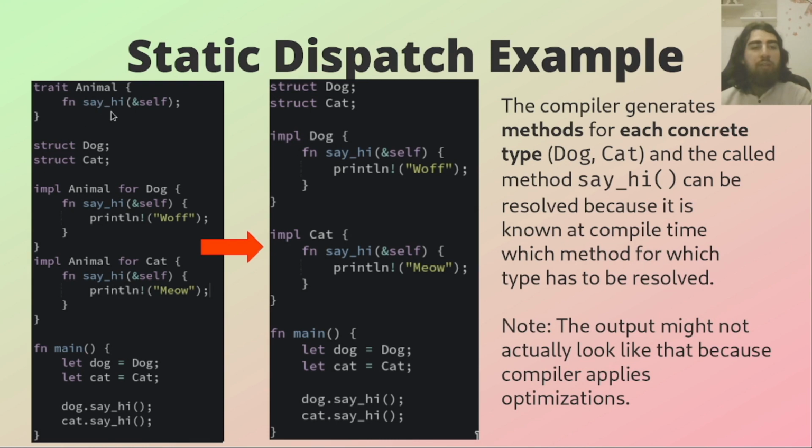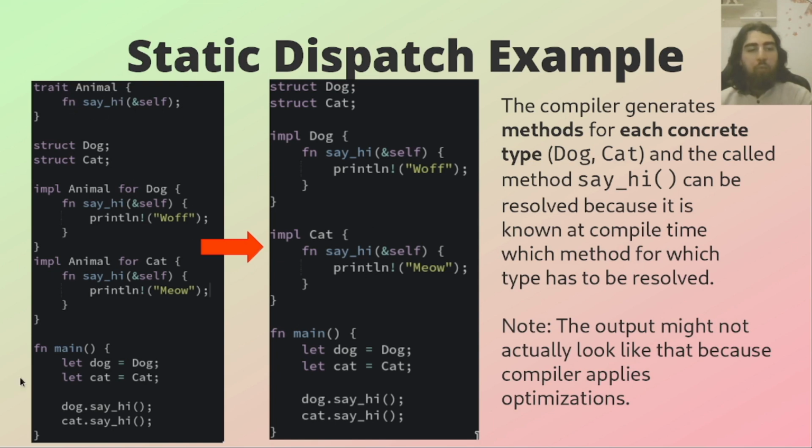So we have here the trait animal holding one method, say hi. Then we have dog and cat, and we implement the animal trait for dog and for cat. Now, as you can see, when we create an instance from dog and from cat and call the say hi method on it, because as you can see, every type that implements the animal trait must have this method.